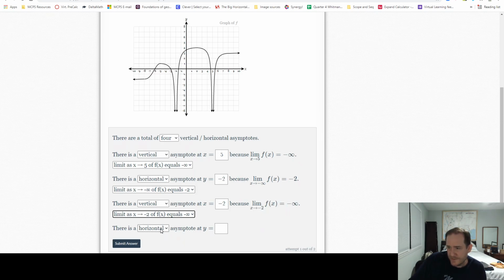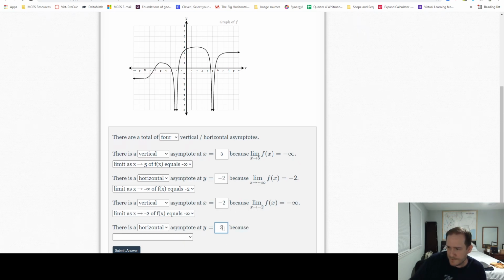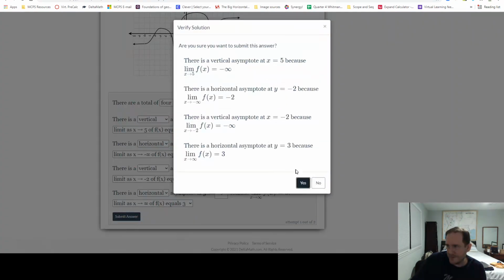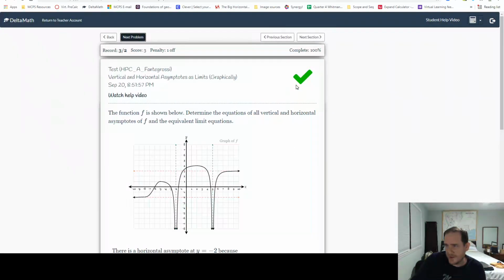There's another horizontal asymptote that occurs at y equals 3. And that is because as x goes to positive infinity, the y's go to 3. So there's 4 asymptotes in this function, and I've defined them all. Submit answer. Yes, I'm sure. Green check mark. Okay, I'm killing it.